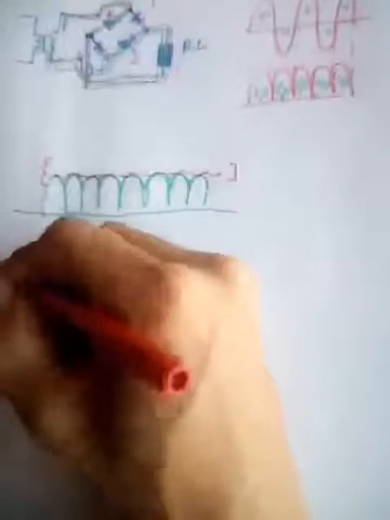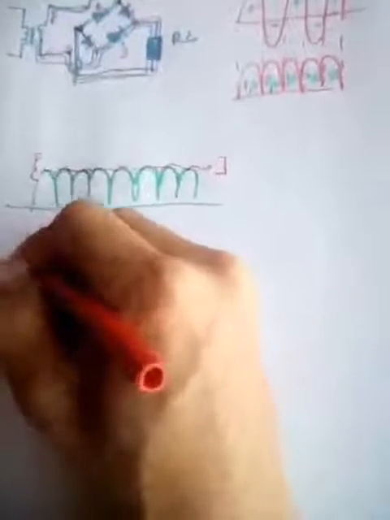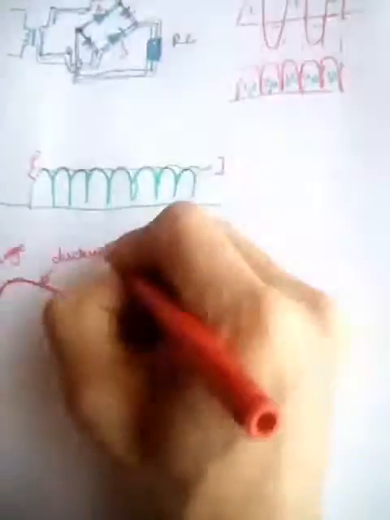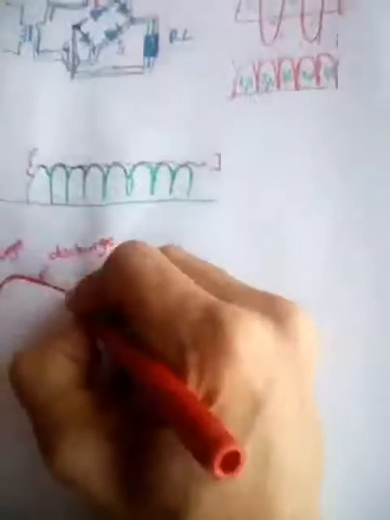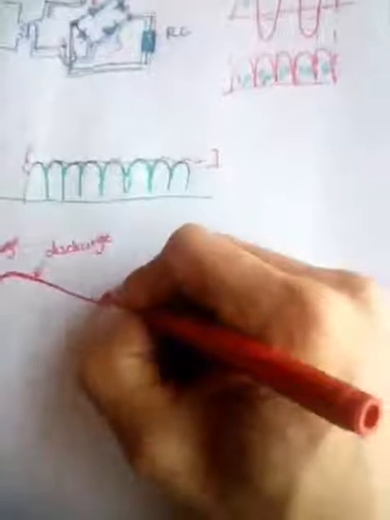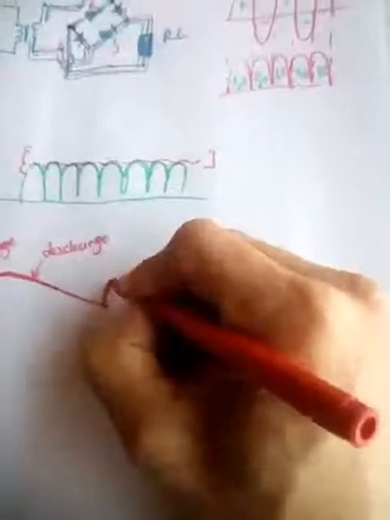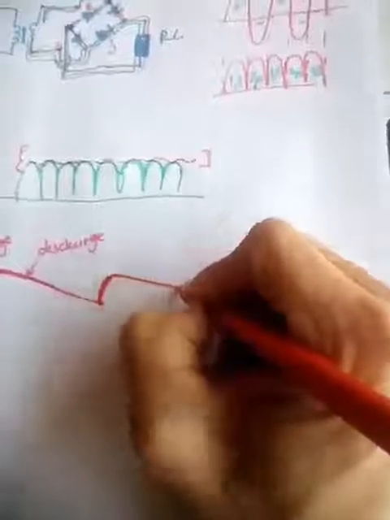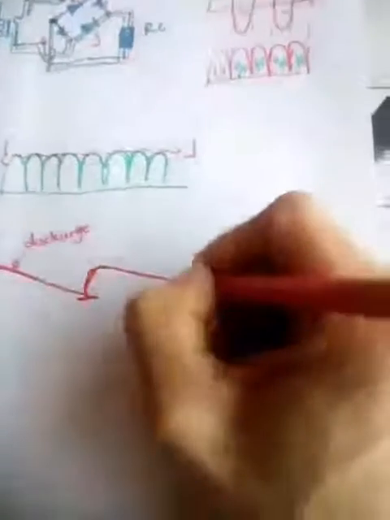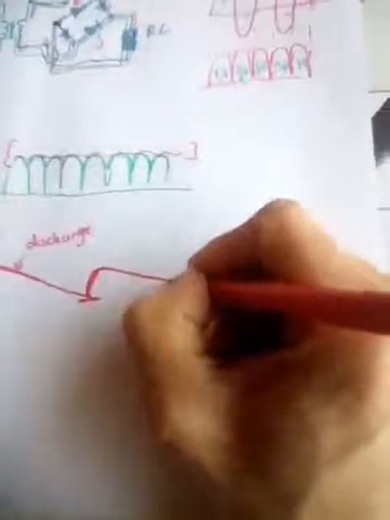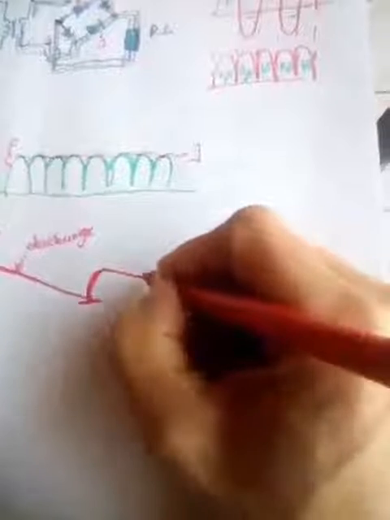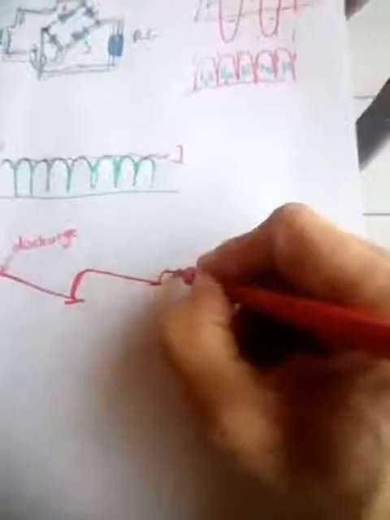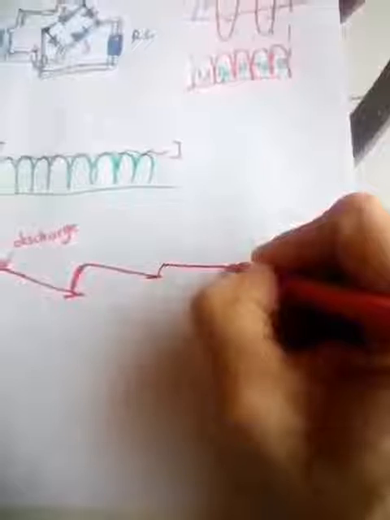So here the capacitor charges, and in this period it will discharge, then it charges, goes up again, and then it discharges. But this time, this point here is a little bit higher. Then it charges again, and it discharges, and again this point is higher.